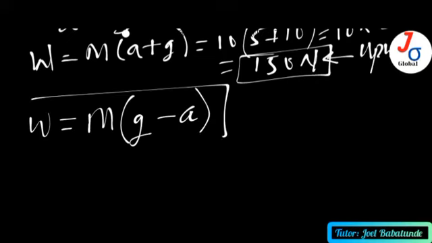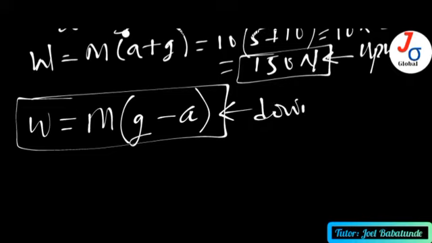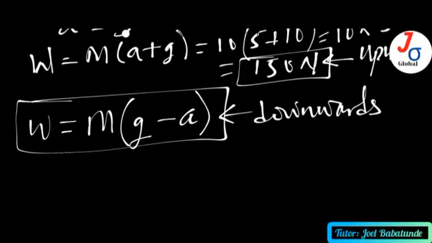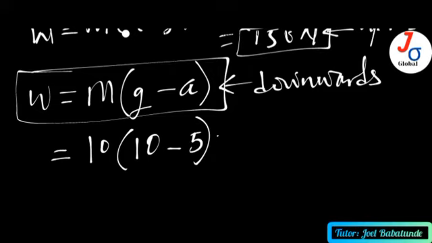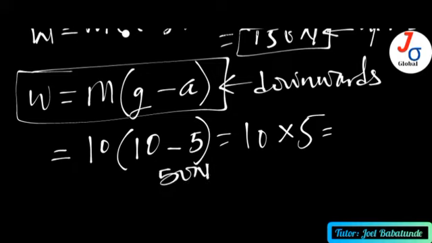So this is when the lift is moving downwards. With an example, the mass is 10, acceleration due to gravity is 10, and the lift is moving downward with the same acceleration, 5. What happens? That's 10 times 5, and that's 50 newtons, in this case moving downwards.